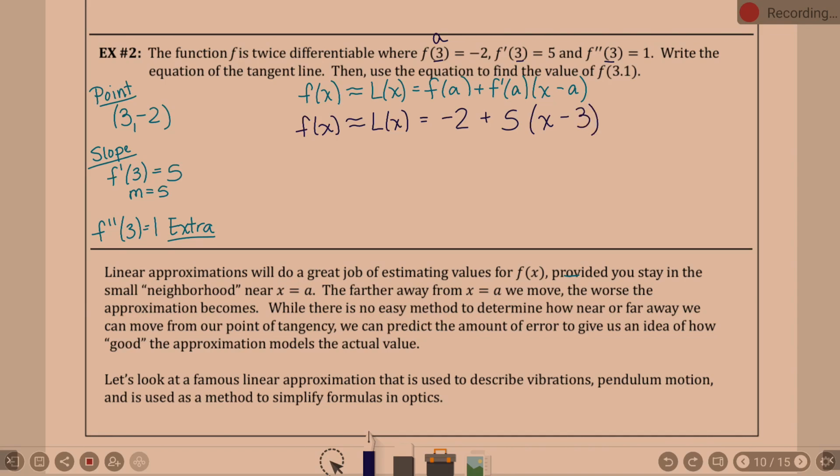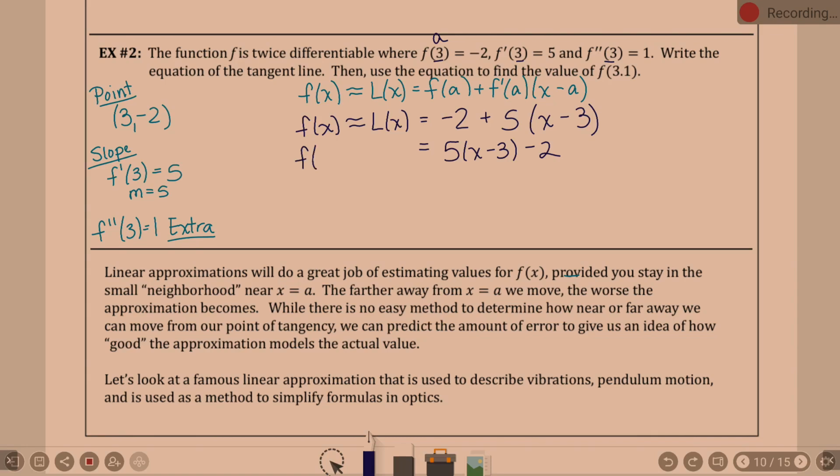Now, maybe you would have preferred to have said 5 times x minus 3 minus 2. Would that have been better? That's what you know, isn't it? Because what did we just do? We did slope of 5, and then the point (3, -2). That makes sense. I'm teaching you what you already know. Okay?